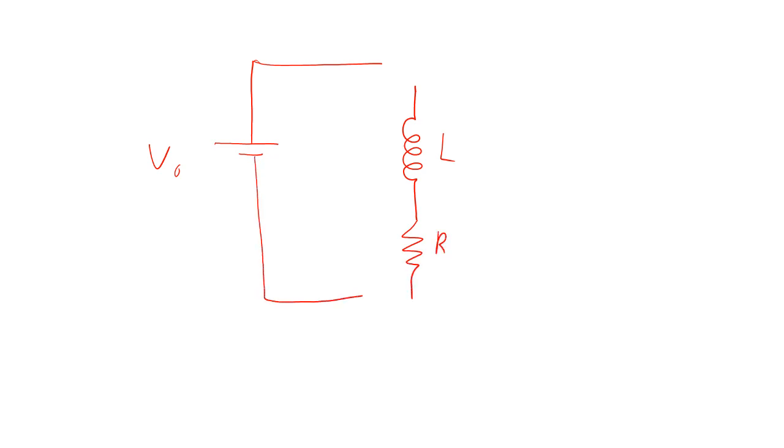For my circuit, I want to consider that we've got a power supply, we'll just call it V naught, an inductor L, a resistor R, and a switch up here that can go from position A to position B. We're going to start off with the switch in position A.